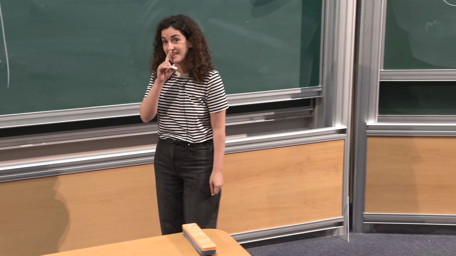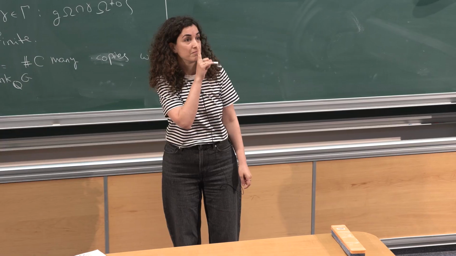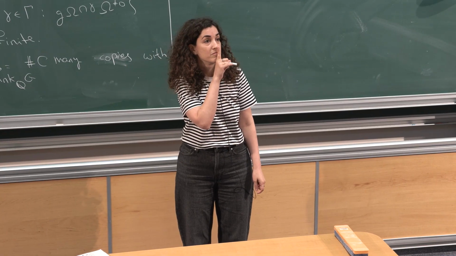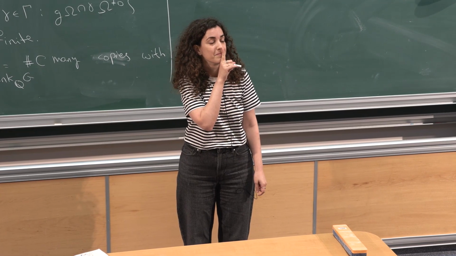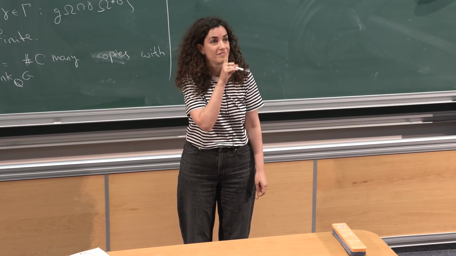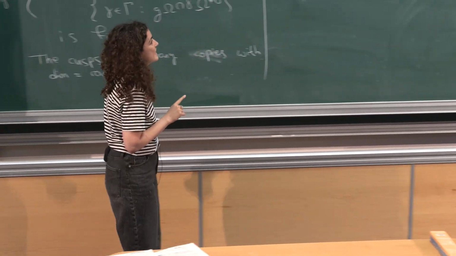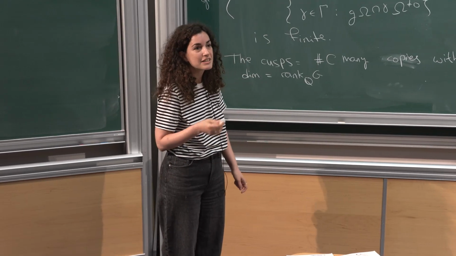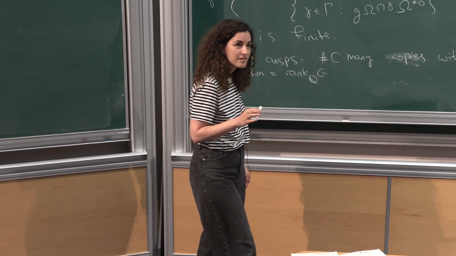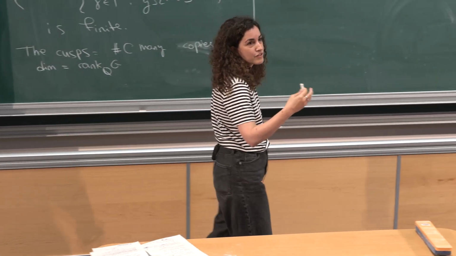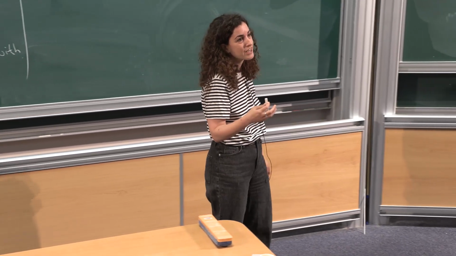Any other questions? Could you elaborate more about your definition of the cusps? Like what you wrote, the cusps equal number C many copies. So the next thing I'm going to do is give an actual compactness criterion that will hopefully represent in a more accurate way exactly how you're going to the cusp.